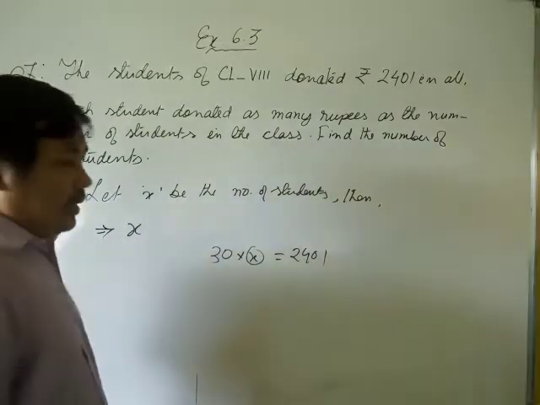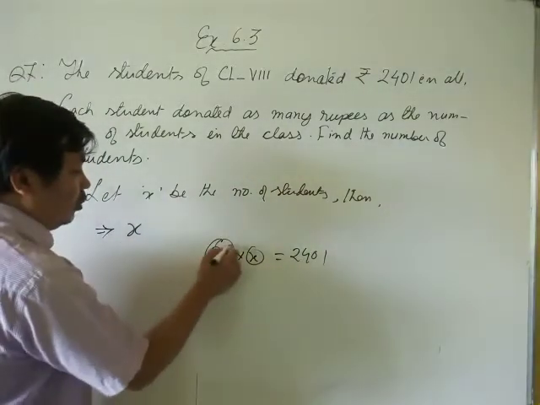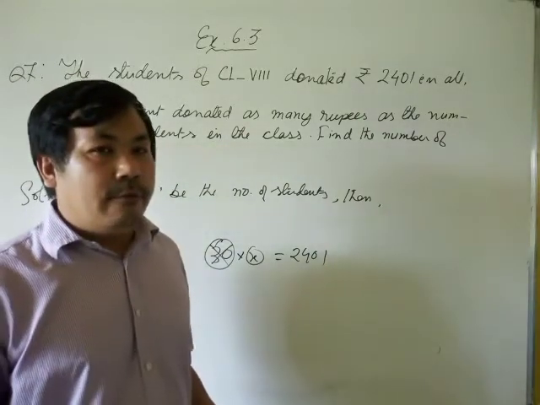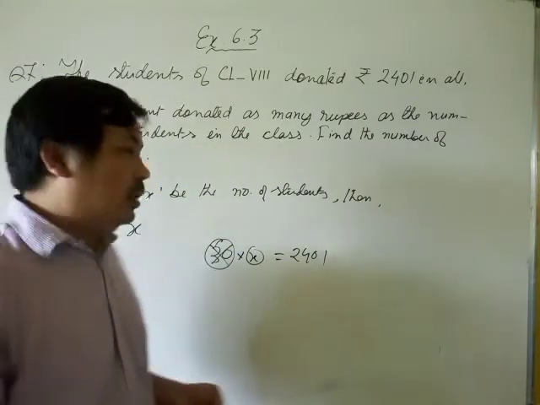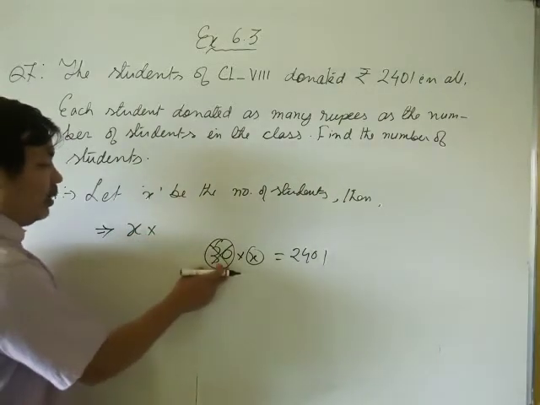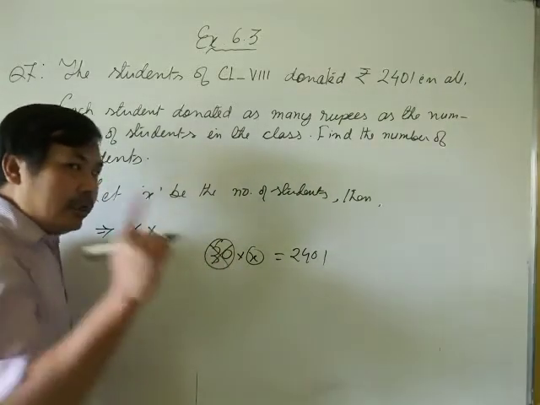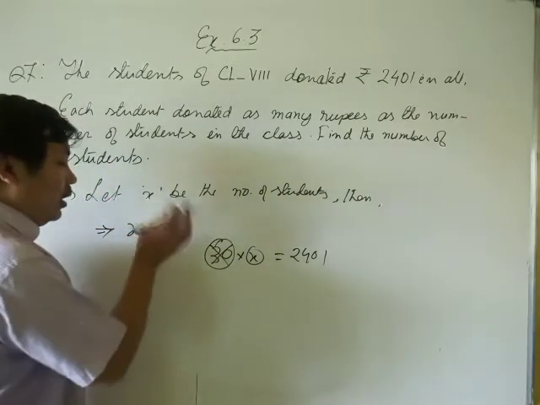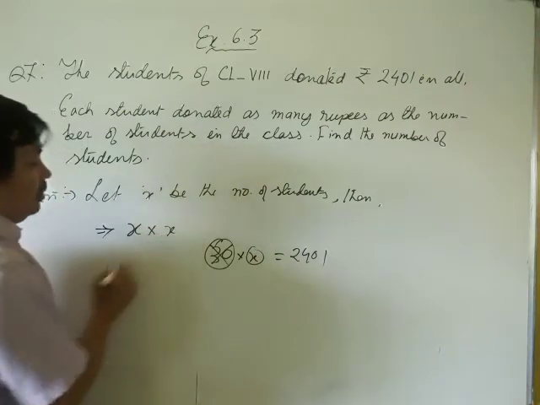Yes. But this amount also we don't know, because we don't know the number of students, x. So the number of students x will be multiplied with the amount of a single person. The amount of a single person will be the number of students again, that is x rupees.